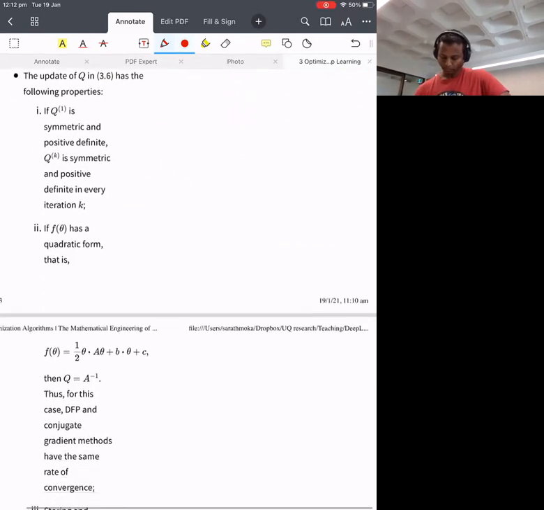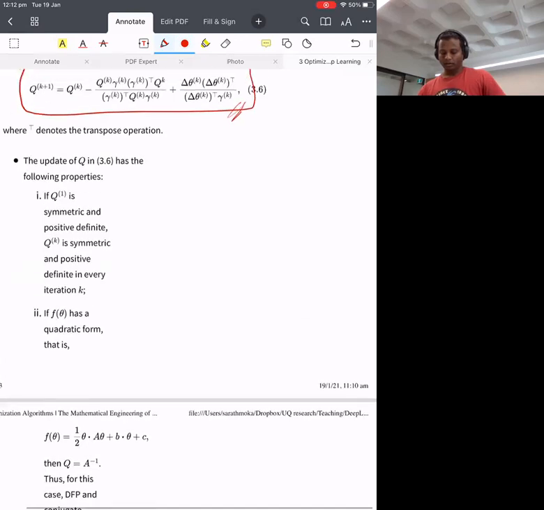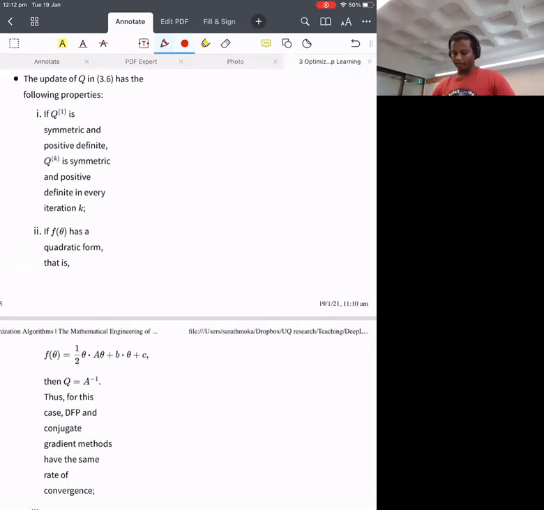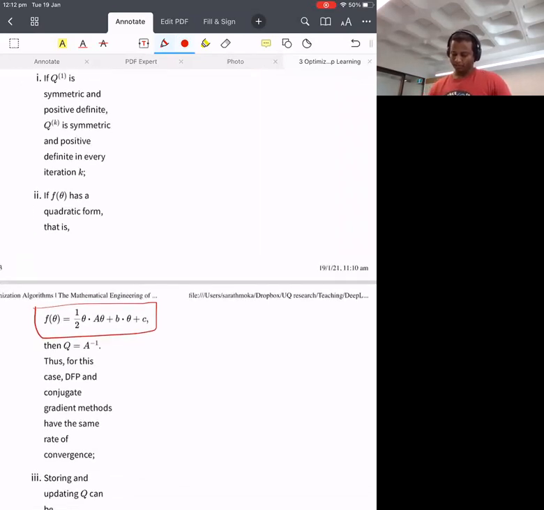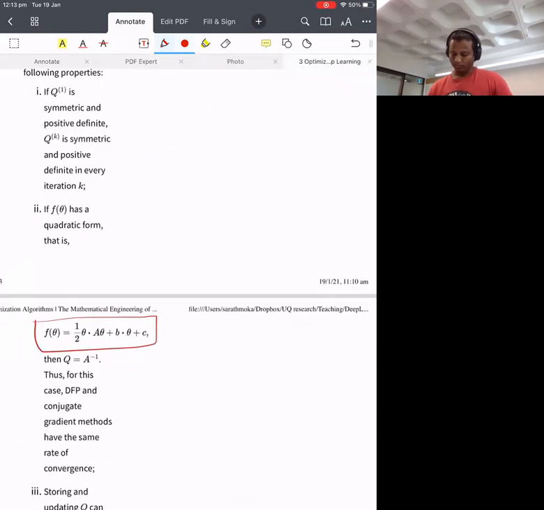Of particular interest is that when the function itself is a quadratic function, then Q becomes A inverse. It's the same for all iterations, A inverse. This is what we have seen in conjugate gradient methods. And so DFP becomes very similar to the conjugate gradient method when you have a function which is quadratic.